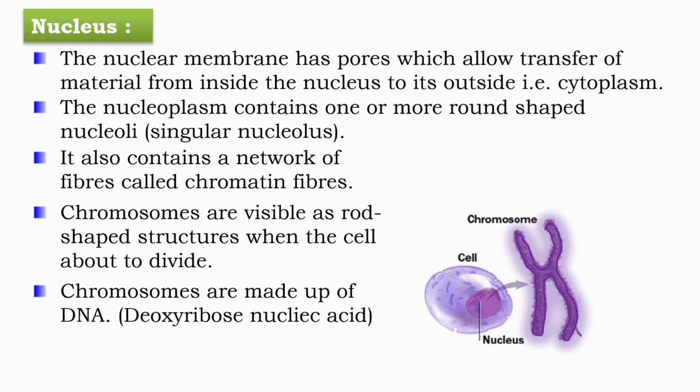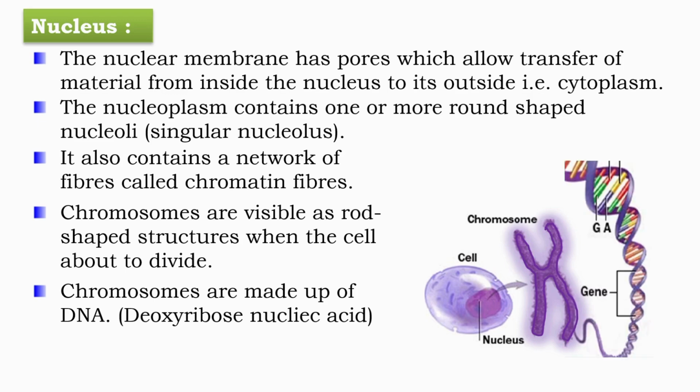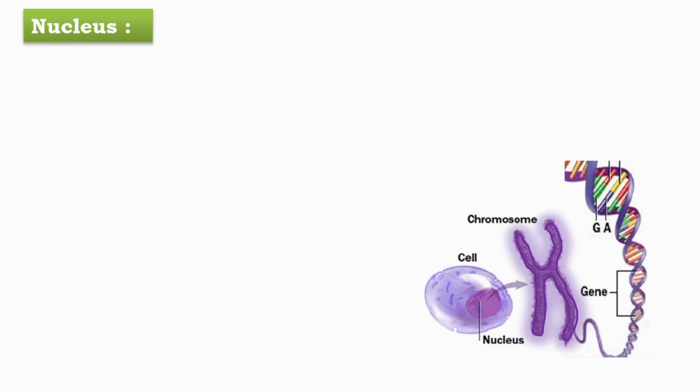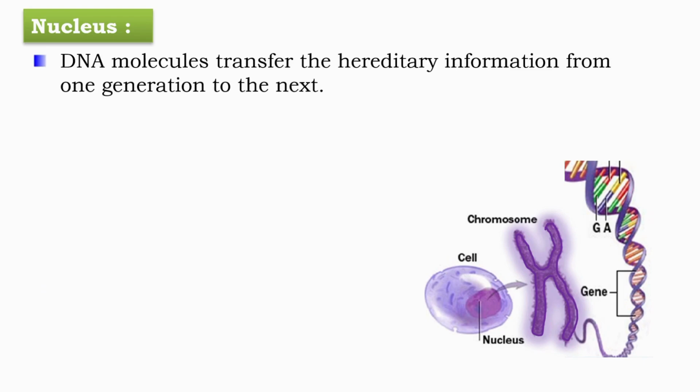Chromosomes are made up of DNA, that is deoxyribose nucleic acid. DNA molecules transfer the hereditary information from one generation to the next.